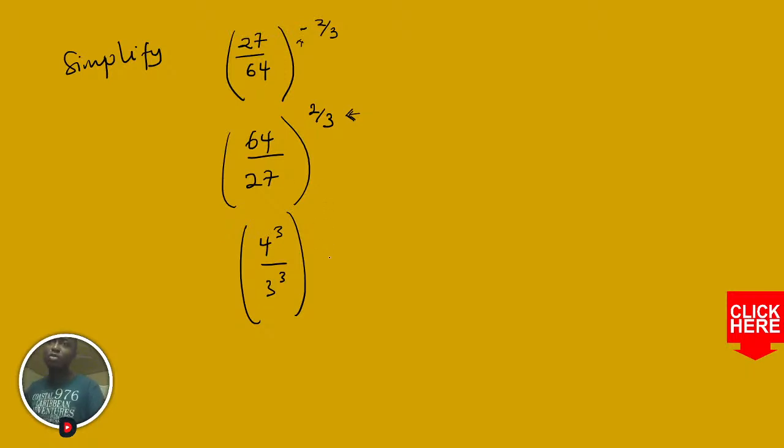So quickly, this will become 4 over 3, 4 raised to the power what? 3. Now, these two 3's are coming out because I explained it earlier, so I'm not going to explain it again.